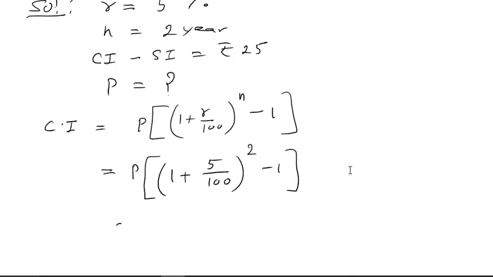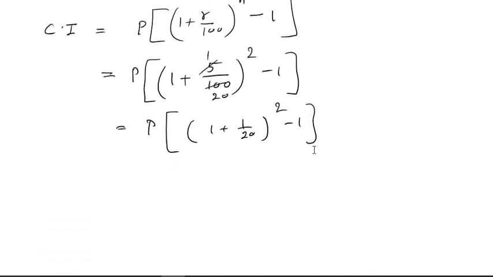I will simplify: 5 1s are 5, 5 20s are 100, so 1 plus 1 upon 20, the whole square minus 1. Now this will give you P into 21 upon 20 the whole square minus 1. So this is my compound interest for 2 years.